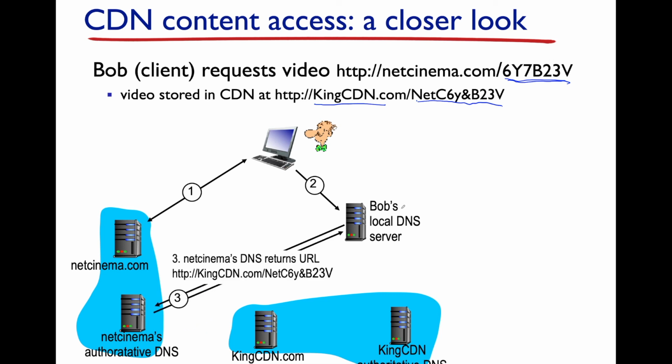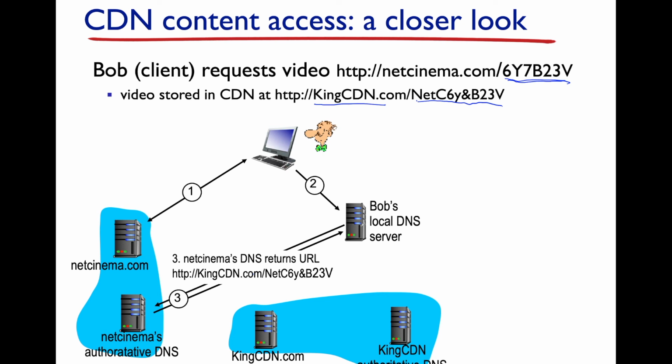Given this, Bob's local DNS server goes to netcinema.com's DNS and gets back a URL for King CDN. This is using a canonical name, and using this canonical name record, Bob then gets the IP address for the URL for King CDN.